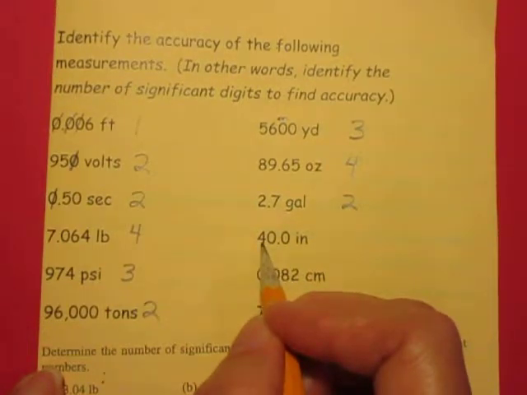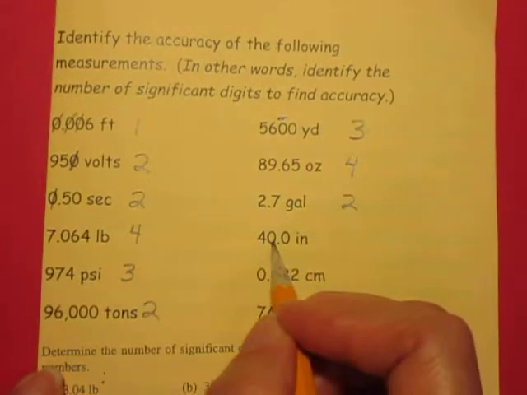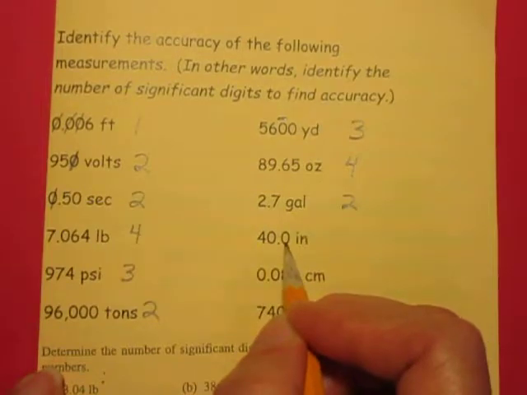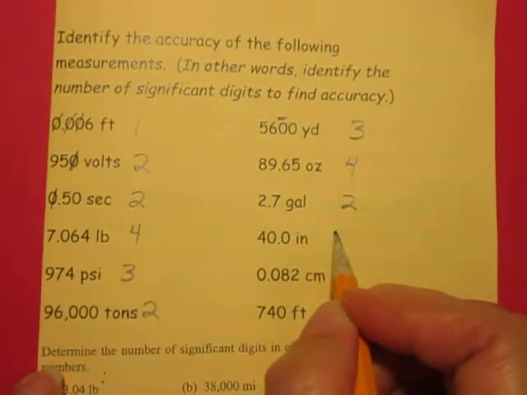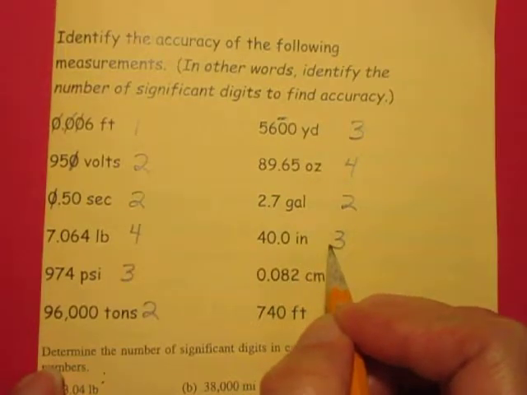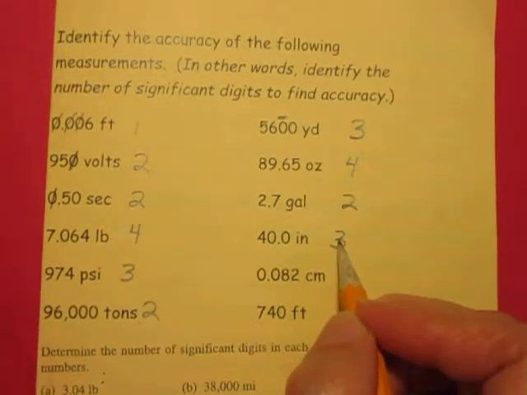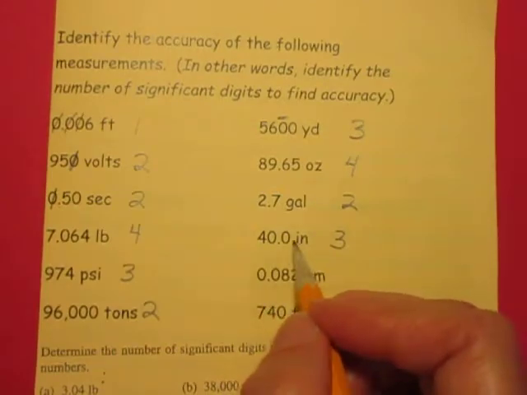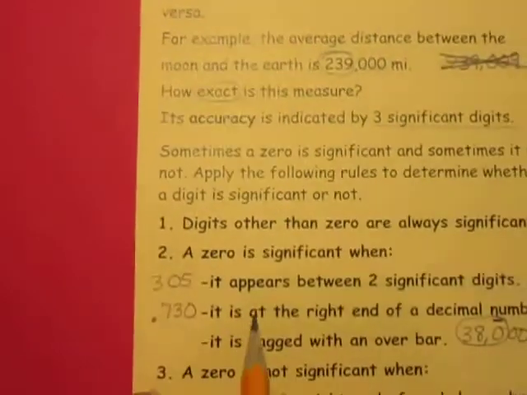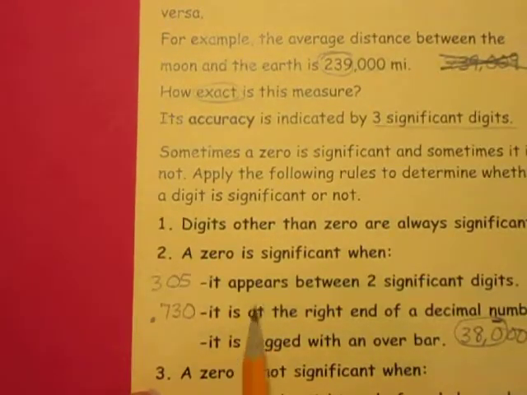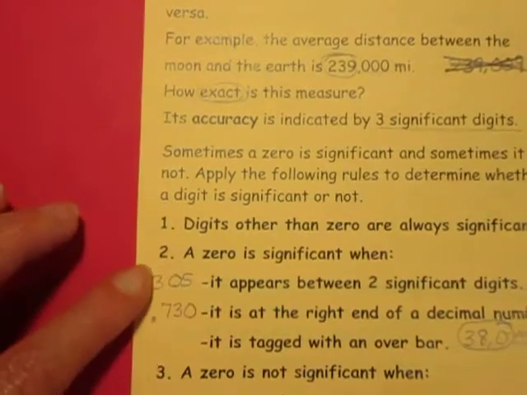The 4 is automatically significant, so we've got a 0 between 2 other significant numbers, so that 0 must be significant. So this is accuracy of 3, or 3 significant digits. I feel like I need to point out, we were using these 2 rules on that one, the second and the third under part 2.